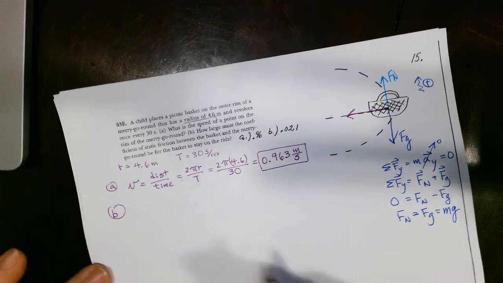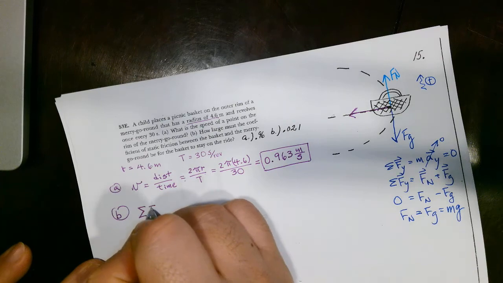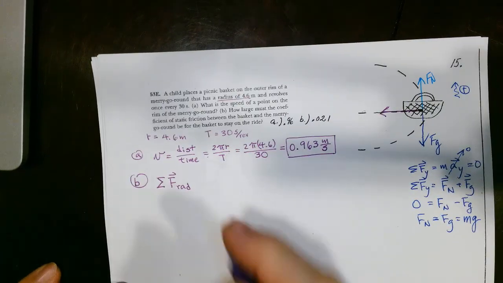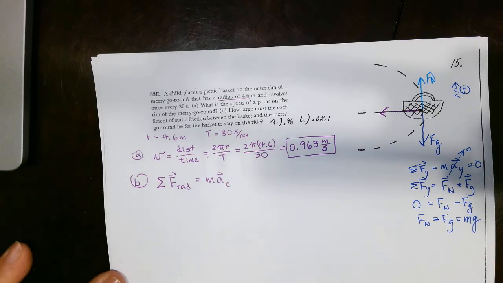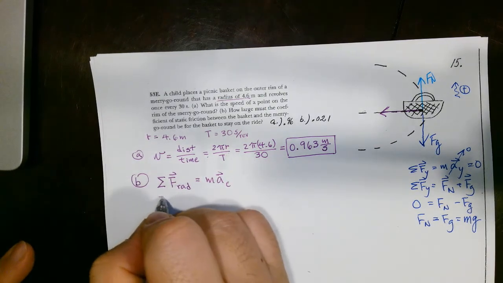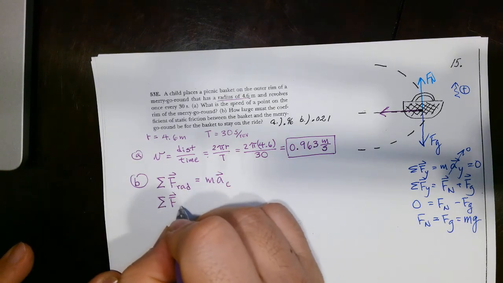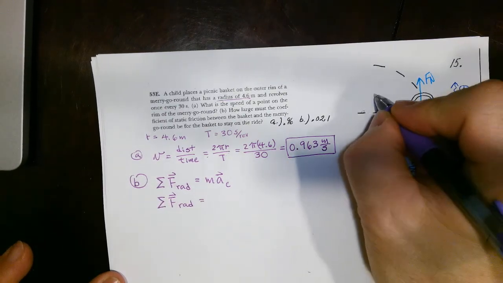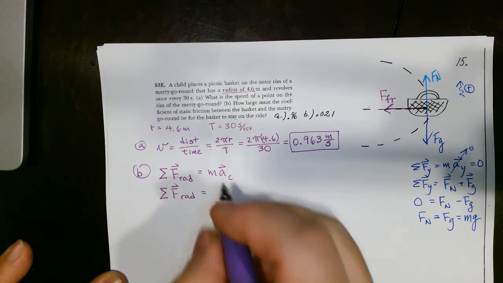Now let's take a look at the sum of all forces in the radial direction, or in the horizontal direction, right? And that is simply m a_c. So if I take a look at the sum of all forces in the radial direction, that is just the frictional force.